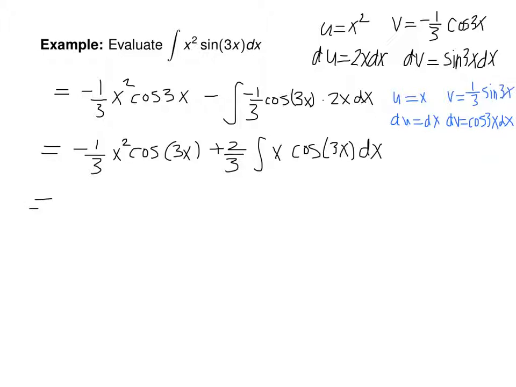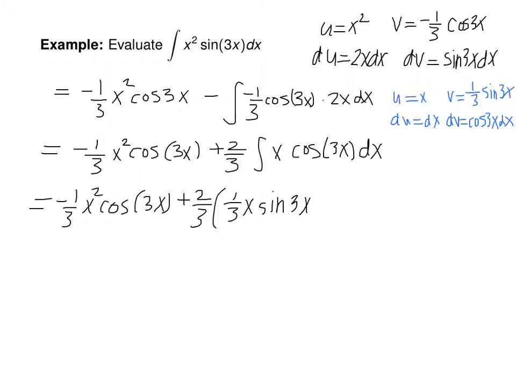So we have negative 1/3 x squared cosine of 3x plus 2/3 times the quantity uv. So u times v will be 1/3 x sine 3x minus the integral of v du, so minus 1/3 the integral of sine 3x dx.